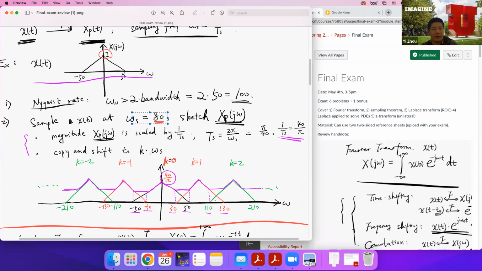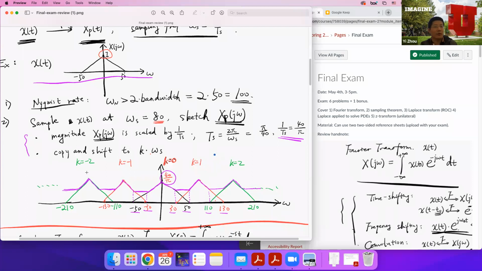We can see that the first copy and the 0th copy have some overlap area. We can keep shifting to generate the second copy, when k equals 2 and 3 and so on. On the left-hand side, we can shift this centered copy to the left and generate the -1, -2, and so on, all the copies on the left-hand side.